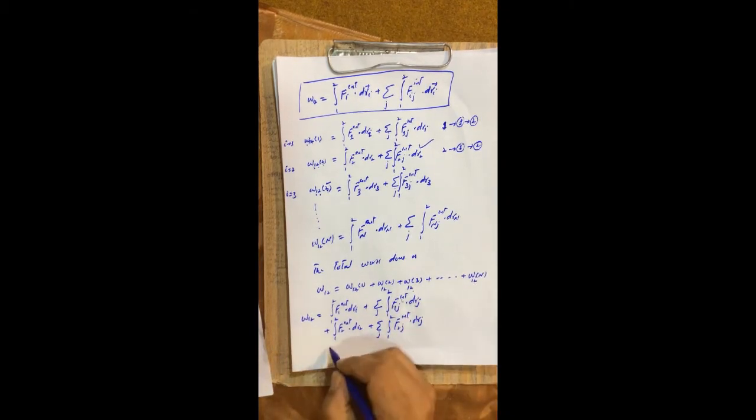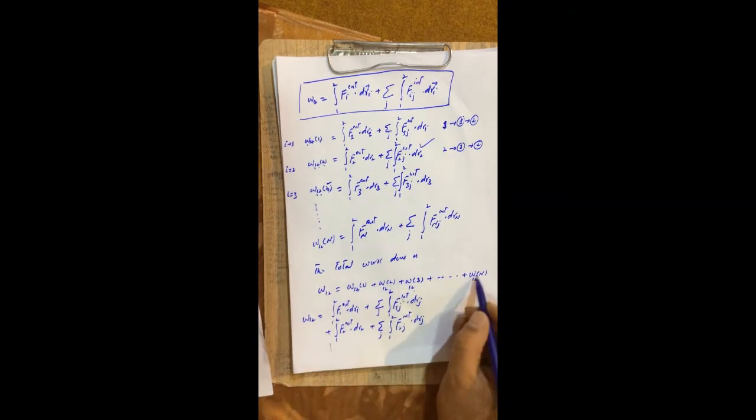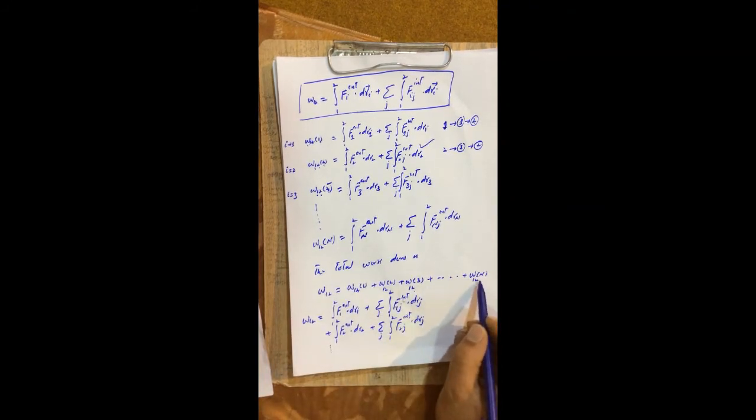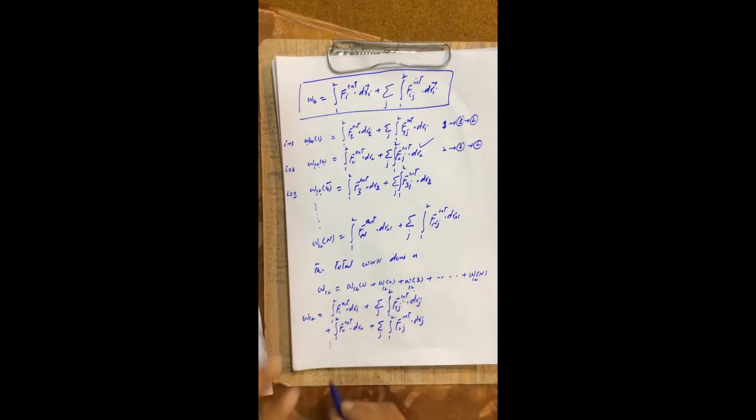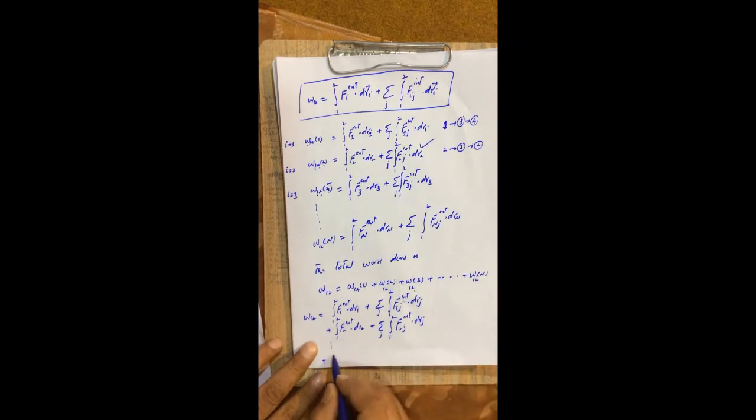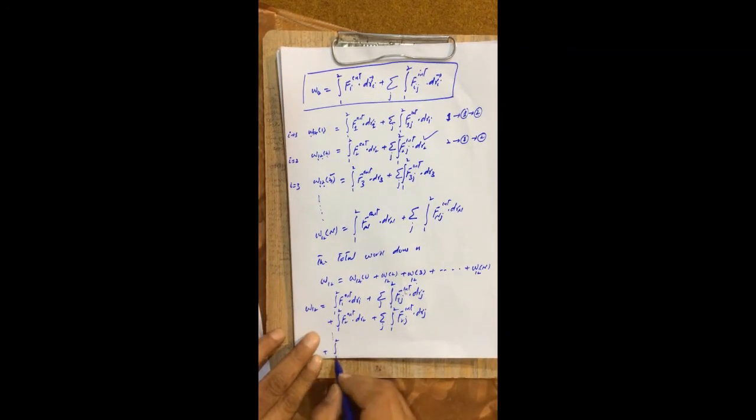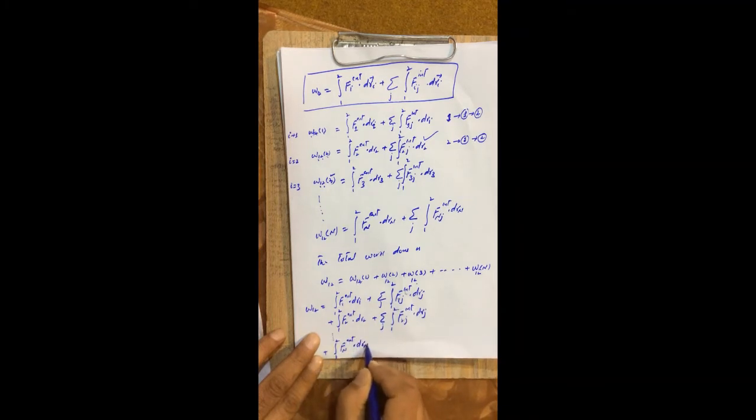So we have many terms here, and finally the last term, for the nth particle moving from configuration 1 to 2, is the integral from 1 to 2 of Fn external dot drn.